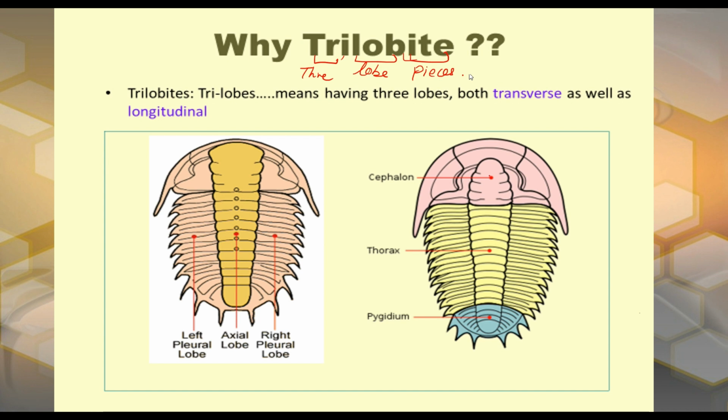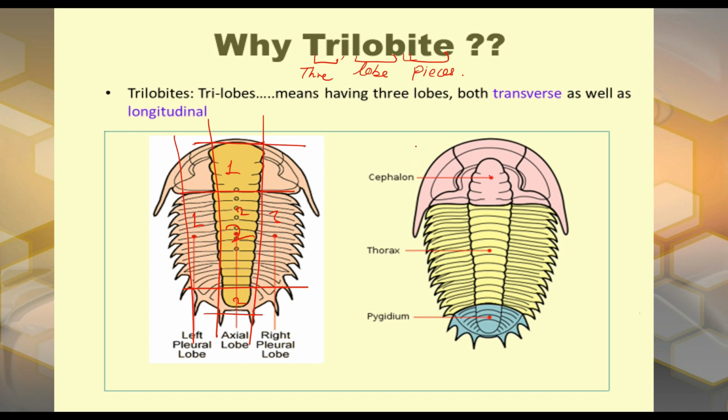Three lobes, which you can see are transverse in nature, transversely divided into three parts, right? This is part 1, part 2, and this is part 3, and longitudinally also, these are actually divided into 3 longitudinally also, right? This is the one part, another like this. So this is 1, 2, 3.